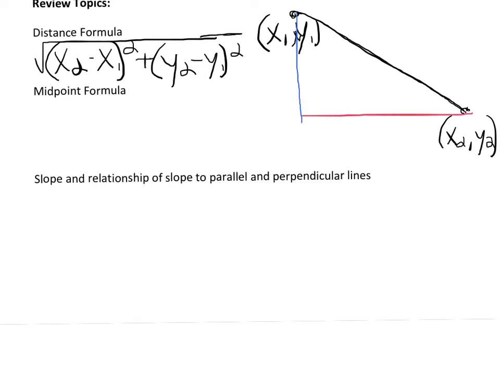And so the length of the red is x2 minus x1, and then we think about the length of the blue line. This is y2 minus y1, or we could have done it flipped, like x1 minus x2 and y1 minus y2, and if we square both those sides, we'll get the hypotenuse, and so that's why we do the square root for the distance formula.